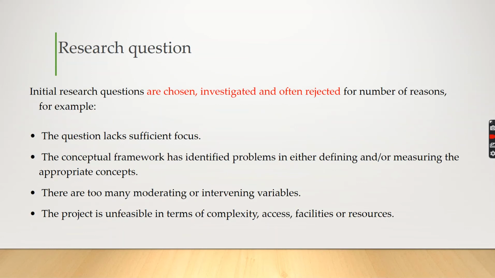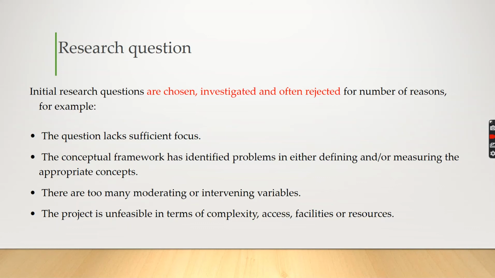Initial research questions are chosen, investigated, and often rejected for a number of reasons, right? In the process, you always come up with various research questions. You might have a lot of research questions. But ideally, when you're embarking on your research, you're suggested to have three research questions.